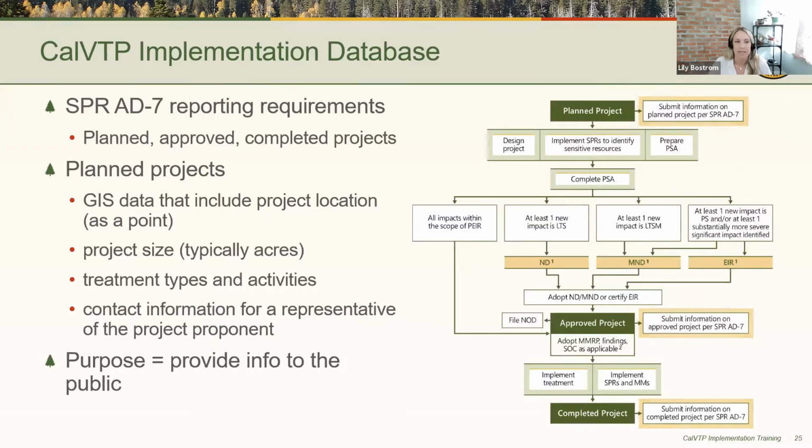And the purpose at the plan stage is to inform the public in case interested parties would like to provide information on resources in the project area or region, and to be aware of the treatments that are planned. And I'd just like to emphasize again here that although it's not required, more public involvement is totally fine and can be very beneficial. Next slide, please.